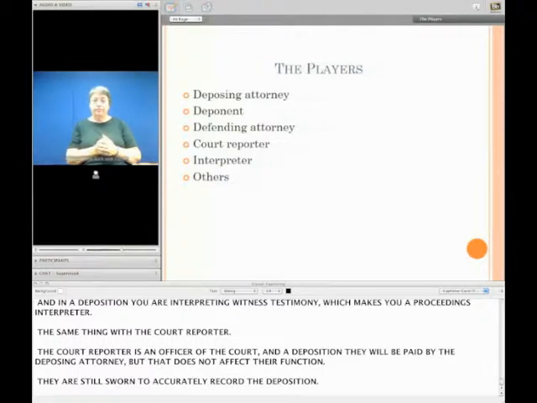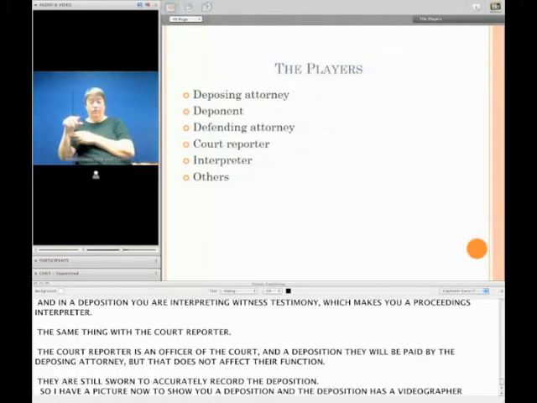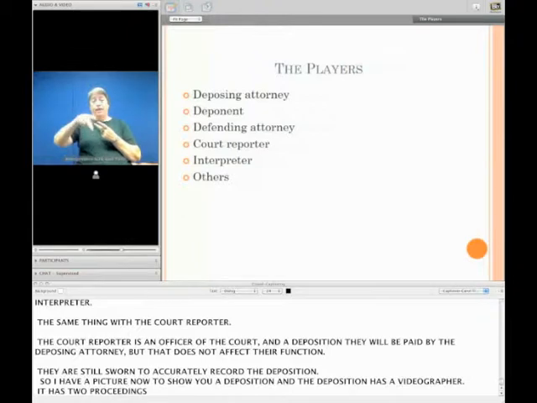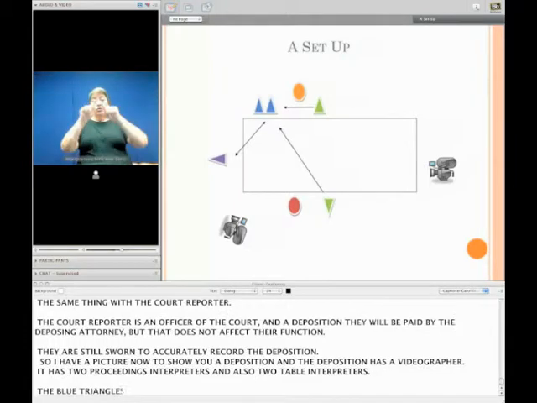So I have a picture now to show you of a deposition, and the deposition has a videographer. It has two proceedings interpreters, and also two table interpreters. The blue triangles are the proceedings interpreters.